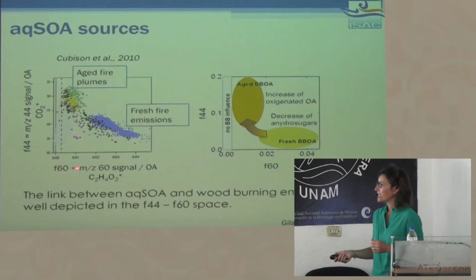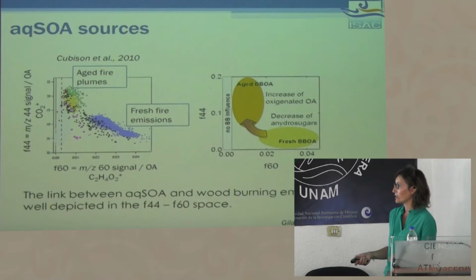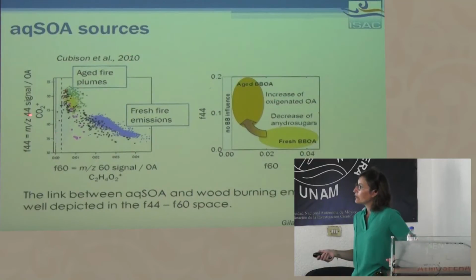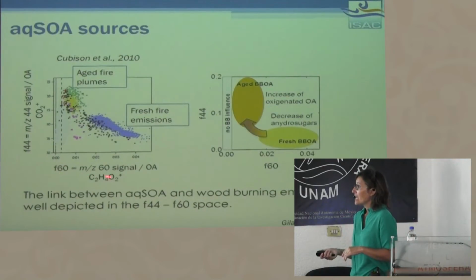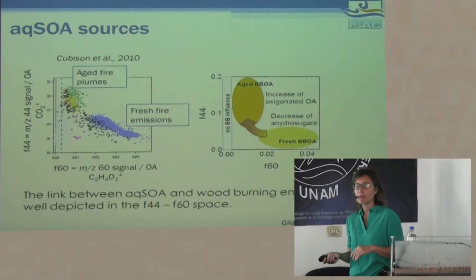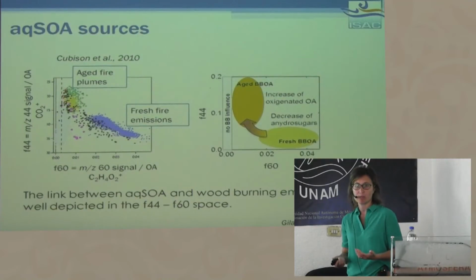And F60 is the intensity of the signal measured at m/z 60 by AMS, normalized over the organic aerosol concentration. m/z 44 corresponds to CO2+ fragments, which is typical of oxidized, processed, aged organic aerosol. m/z 60 is formed from the fragmentation of levoglucosan and the other anhydrous sugars emitted during wood combustion. So F60 is a tracer of fresh biomass burning.